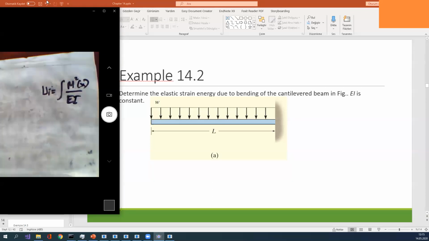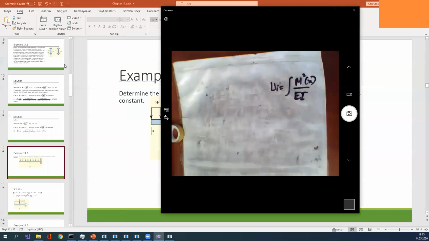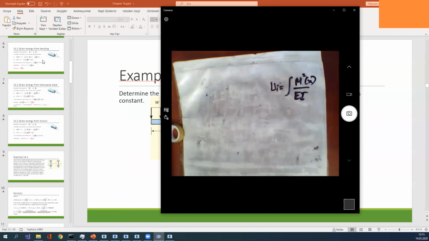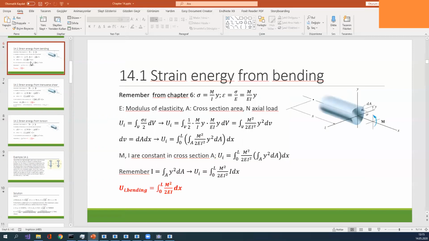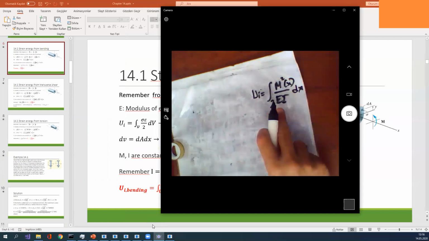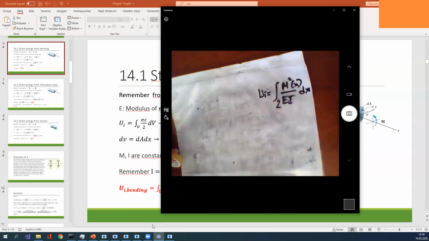Sorry, sometimes I forget the formulation in here. Where is the formulation? Yes, 2EI dx. EI is constant, so we only need to find the moment with respect to omega.